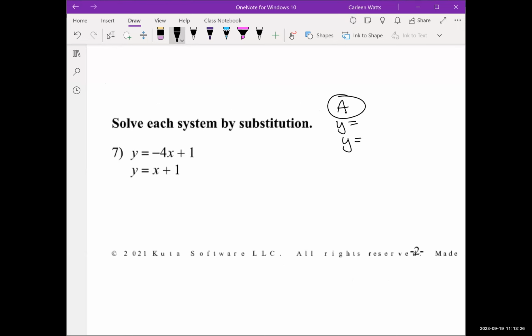So substitution case A, we have both in y equals form. Okay, so when they're both in y equals form, step 1, hook them together.